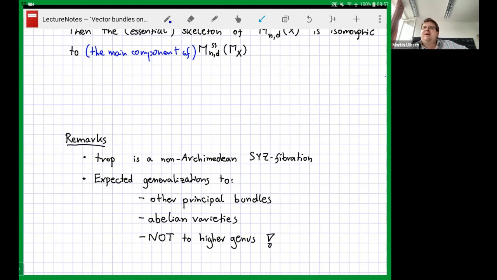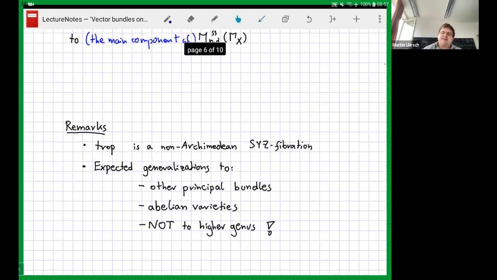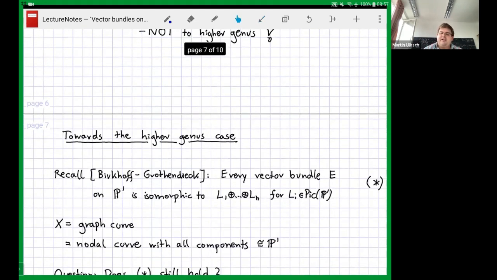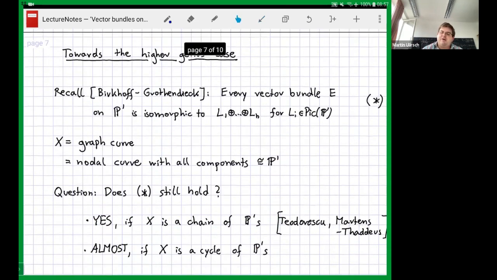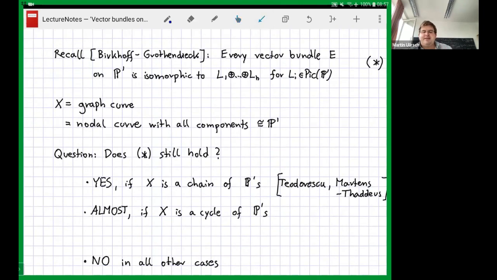Let me maybe just mention one of the problems that show up if you want to generalize it to higher genus. And the central problem in my eyes is the following. Recall, there is the Birkhoff-Grothendieck theorem, which tells us that on a P1, every vector bundle is isomorphic to a direct sum of line bundles. That's great.